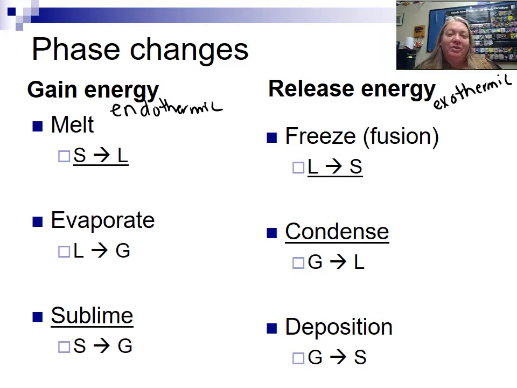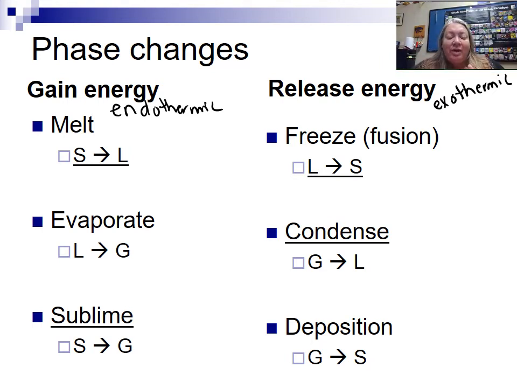So going from a liquid to a solid, that freezing or that fusion is exothermic. We're releasing energy for that to occur. If you think about it, the molecules are close together, but they're flowing past one another. And we're going to slow them down to where they more or less stay in the same spot. They still vibrate, they still move a little bit, but they can't really go anywhere.